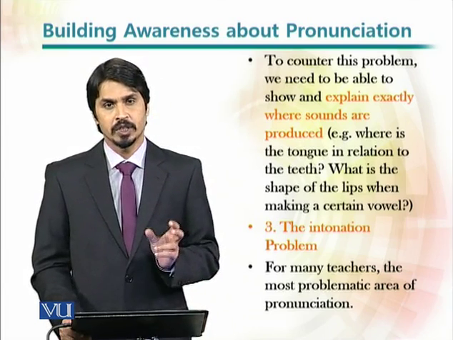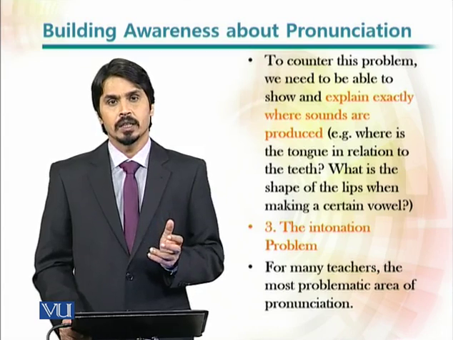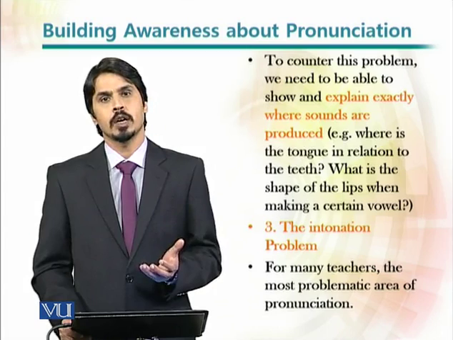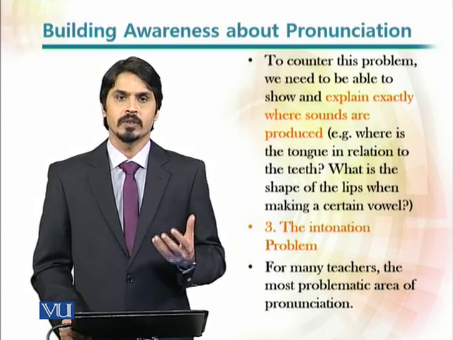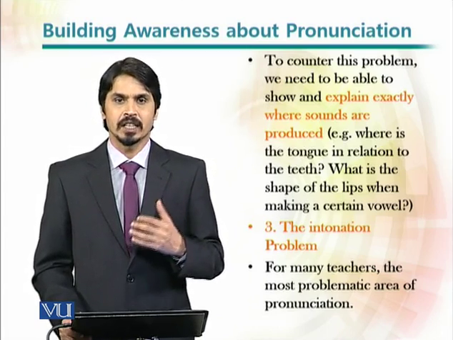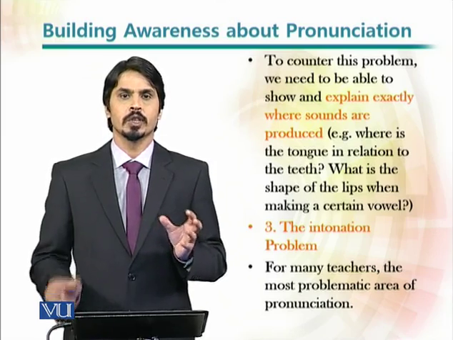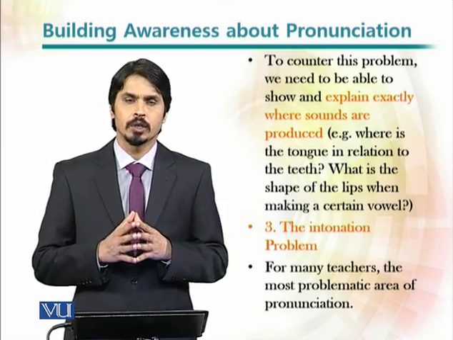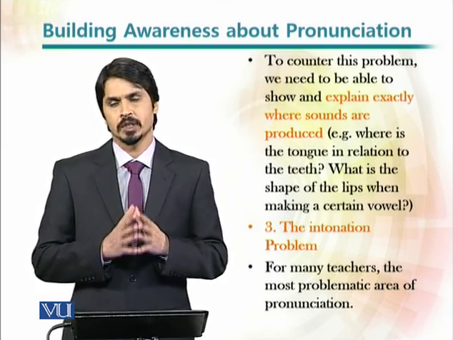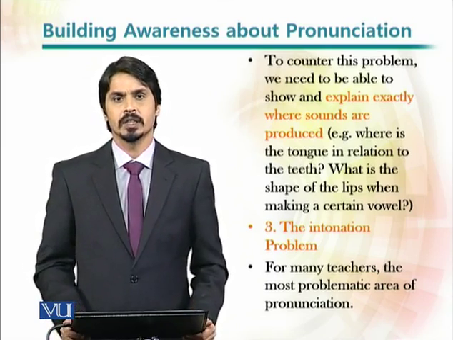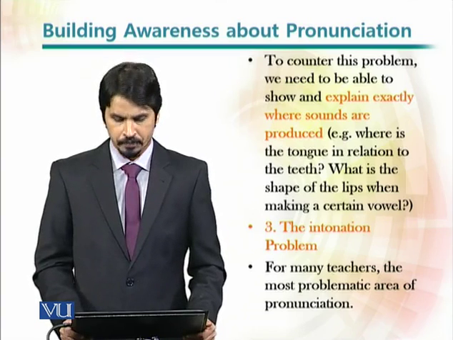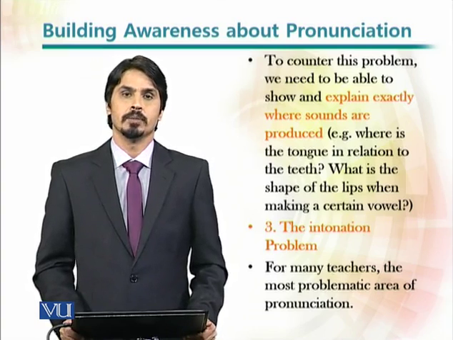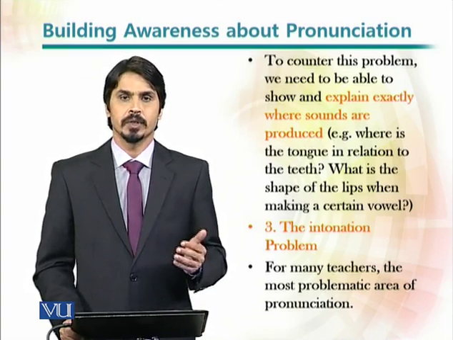For example, we could train them to know that while producing a particular sound, what was the movement of lips or the tongue inside the mouth, and what was the location of teeth at that time. Were lips rounded or not? This kind of physical description can help them in knowing the production of sounds in the human body. And in this way, they might be able to say them in a better way.